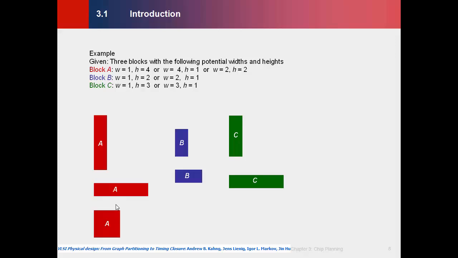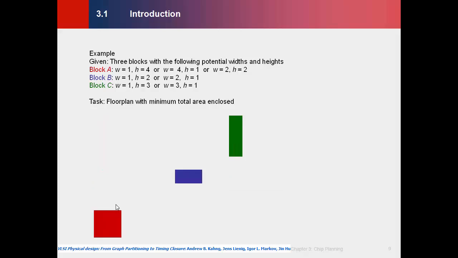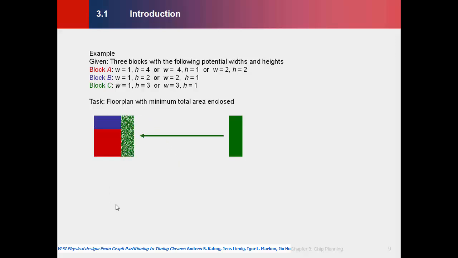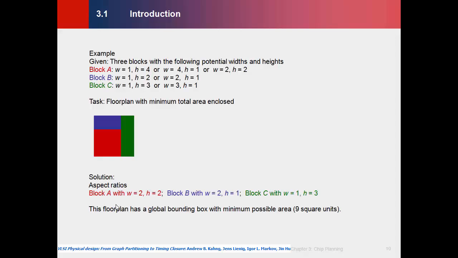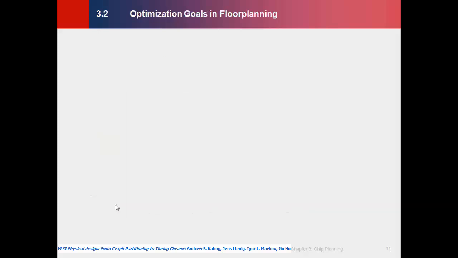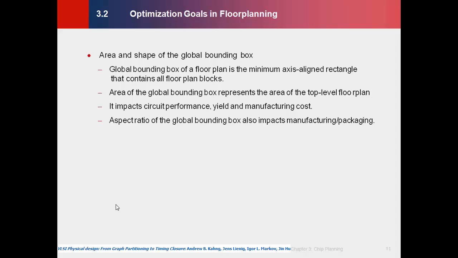The purpose of floor planning is to place them so that the area is optimized, and of course the wire length also has to be minimized. So here, this is one possible way you can place these blocks so that the area enclosed by all the blocks together is now 9 square units.